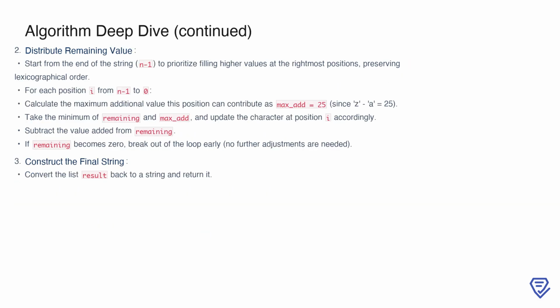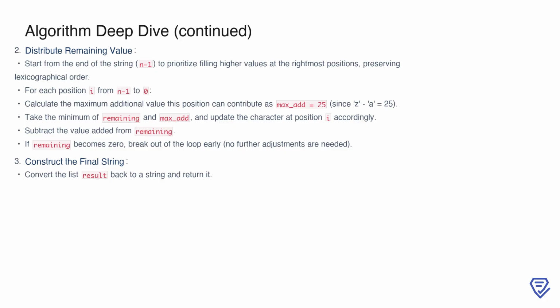Once we have the remaining value, the next step is to distribute it across the string to meet the numeric target while keeping the string lexicographically smallest. To do this, we start from the end of the string and move backward. By prioritizing the rightmost positions for higher values, we ensure that the overall order remains minimal. For each position, we calculate the maximum additional value it can contribute, which is 25, corresponding to the difference between z and a.